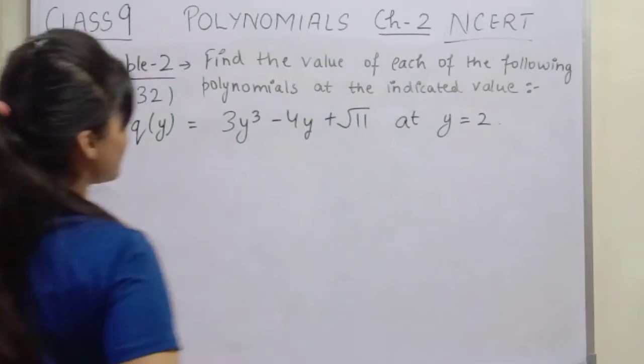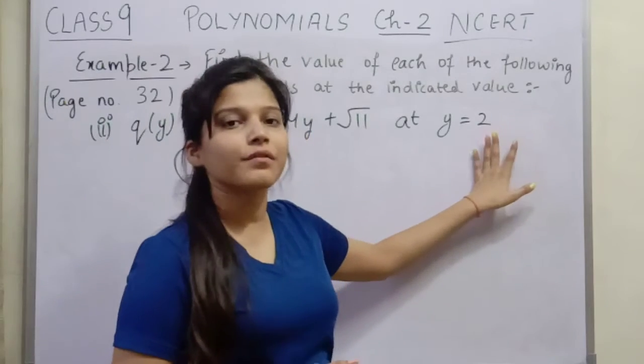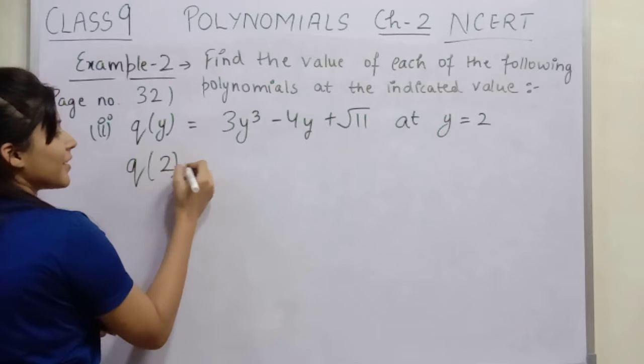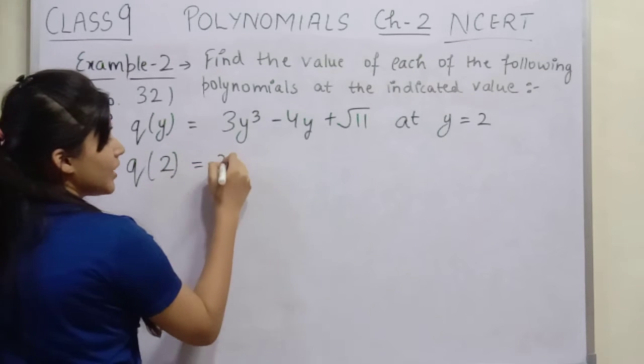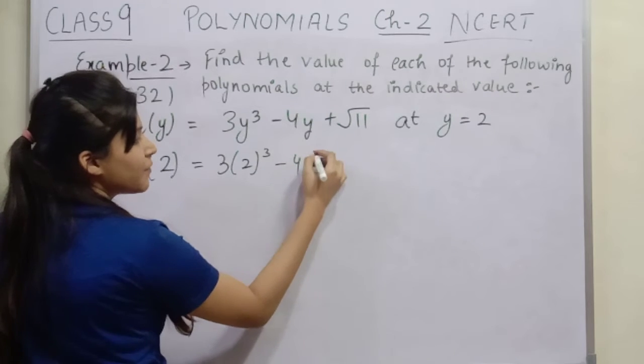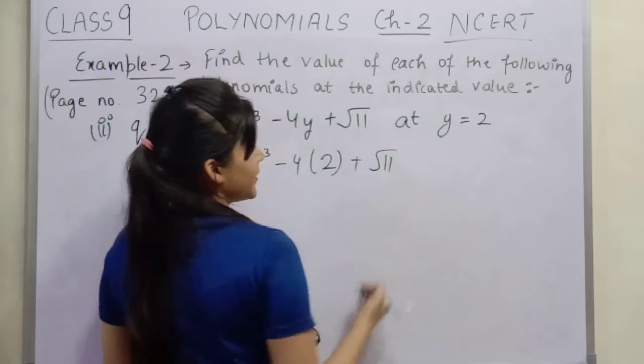So now we need to find the value of this polynomial and we know that we have to put the value of y as 2. So at the place of y we will write 2. 3 as it is, 2 cube, right, because it was y cube, minus 4 as it is, 2 because y is 2, plus root 11, right?